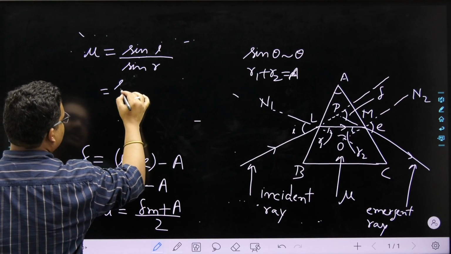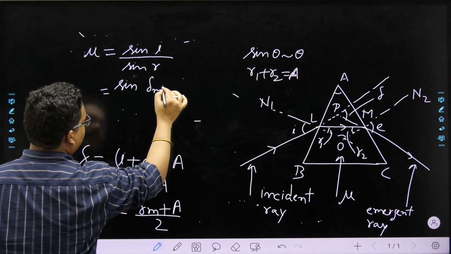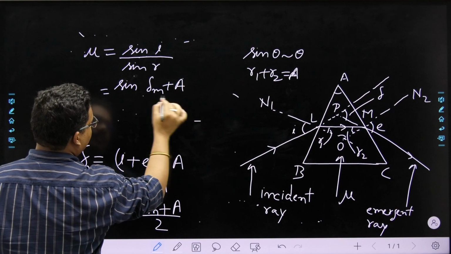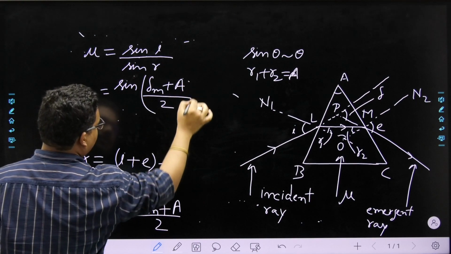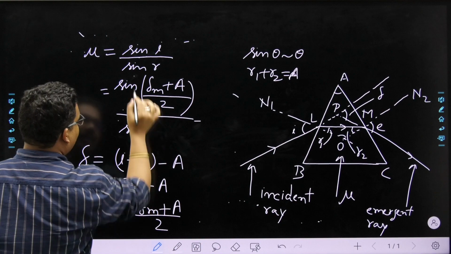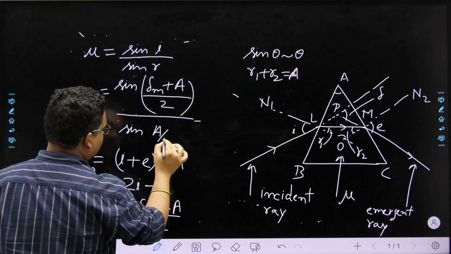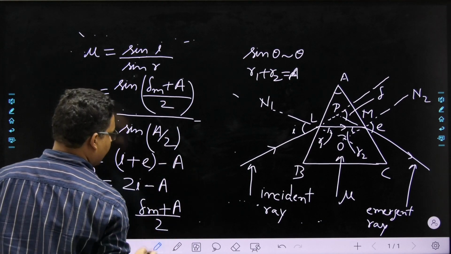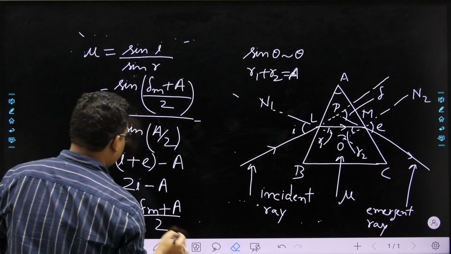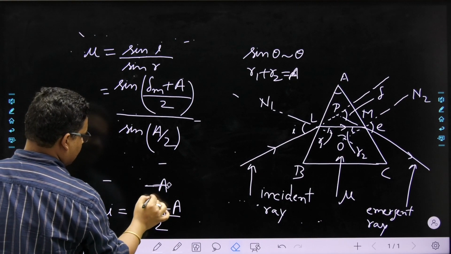So we can write sine of (delta m plus A) by 2, divided by sine of r, where r is A by 2, so sine of A by 2.